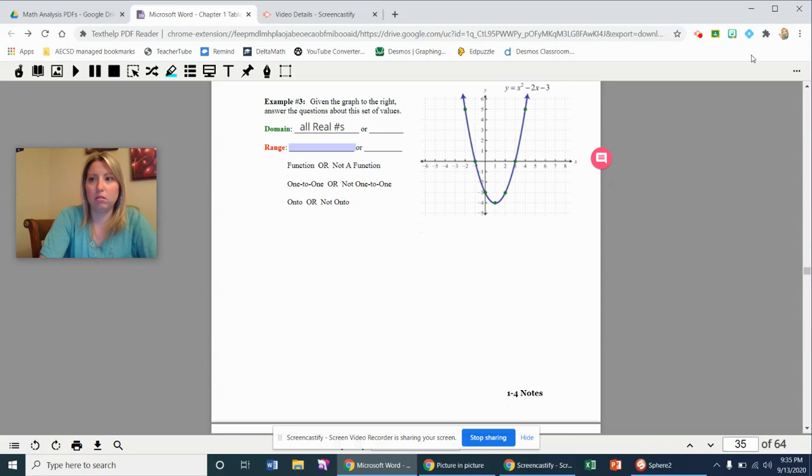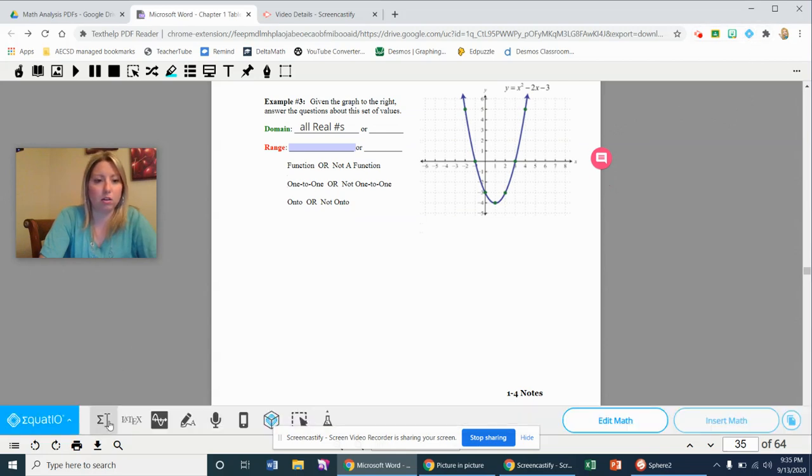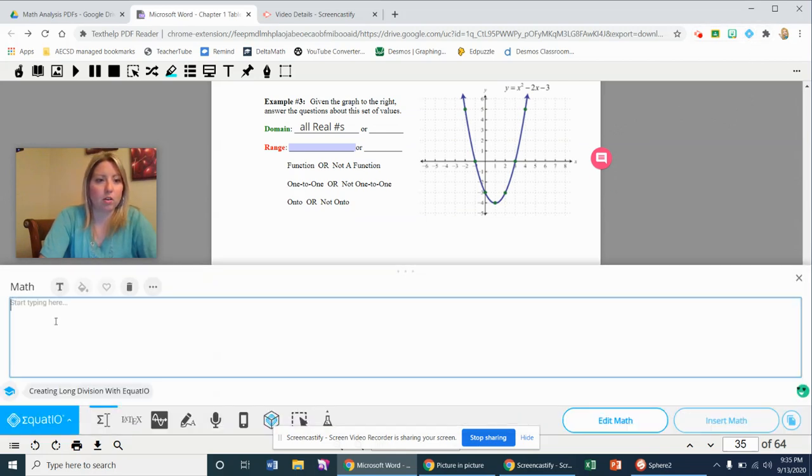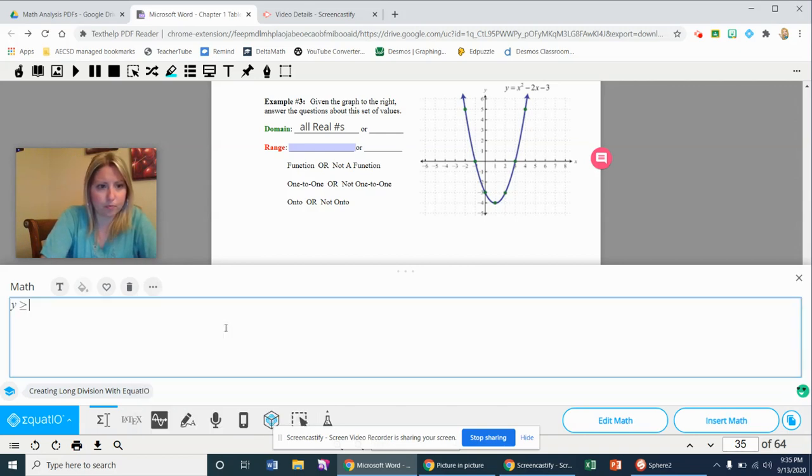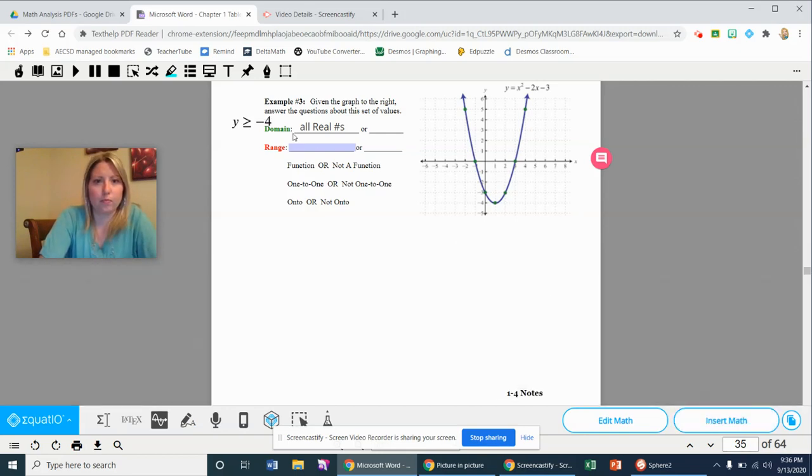There it is. Okay, so my range is y has to be greater than or equal to -4.